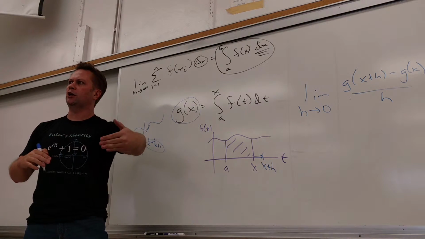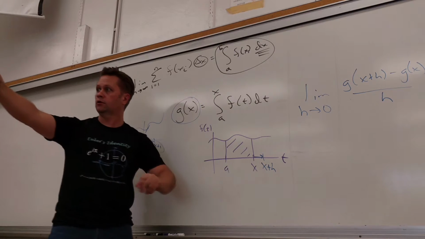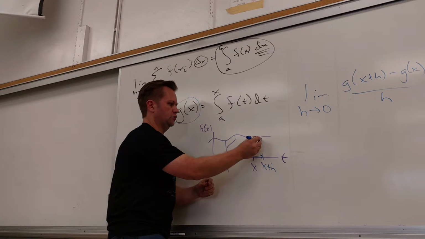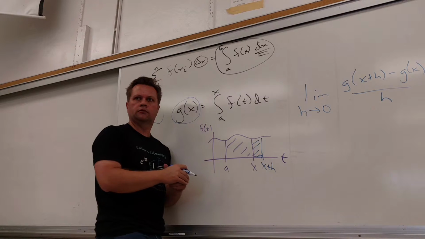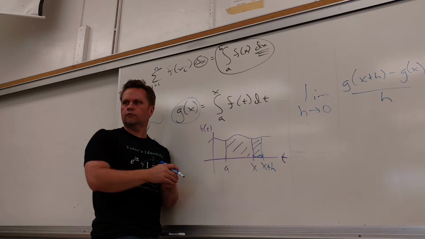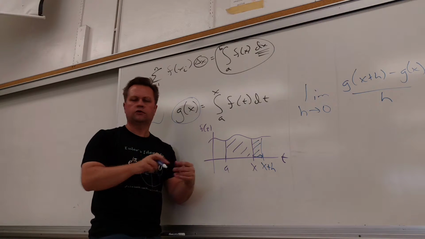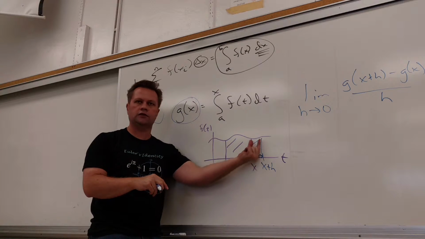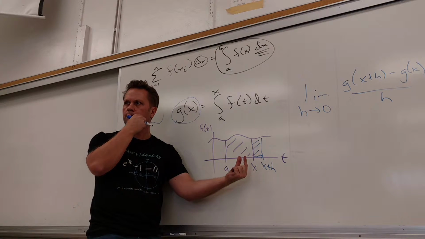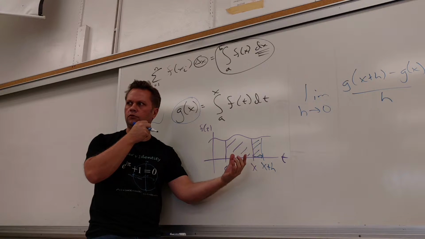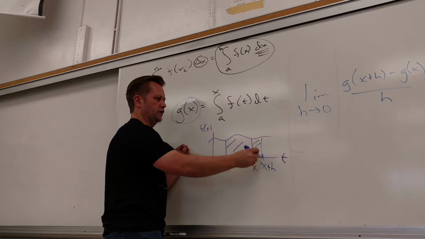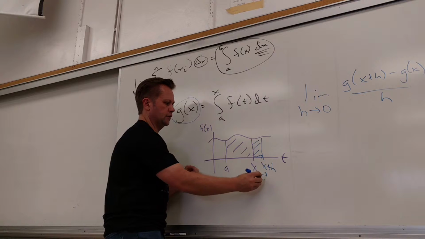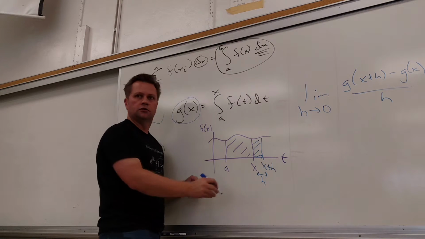So it should be how much the area changes as I change the x. So it's like the strip between. It's this strip right there. It's the area of this strip. So if I change x a little bit, how much will the area change by? Whatever the area of this little strip is. So what is the area of that little strip? Well, how wide is it? h.